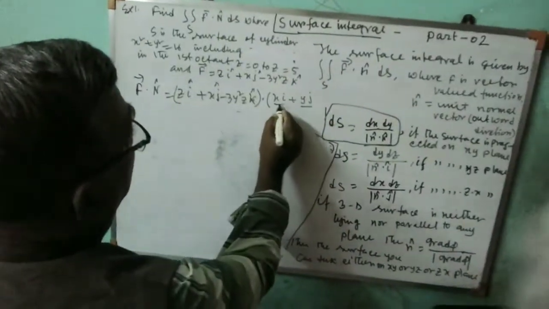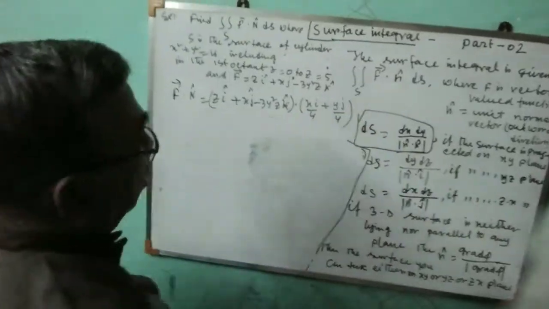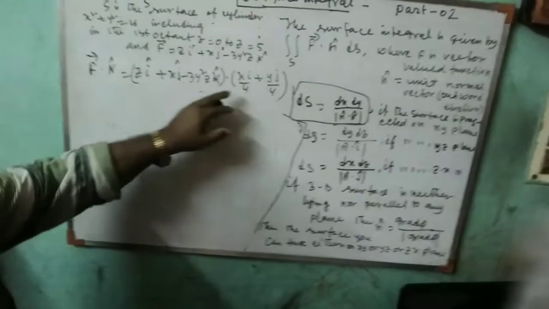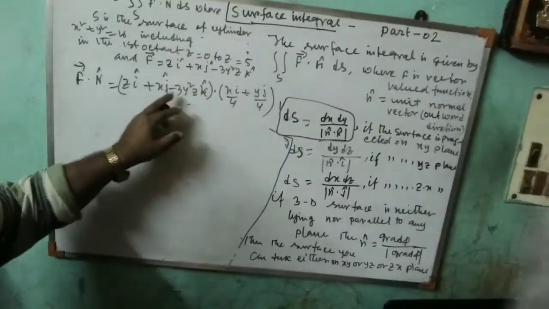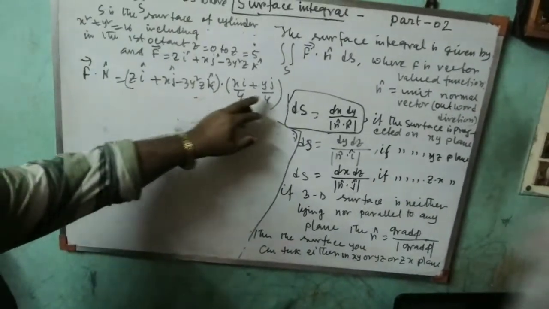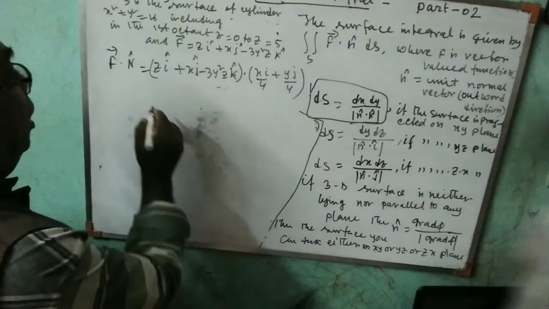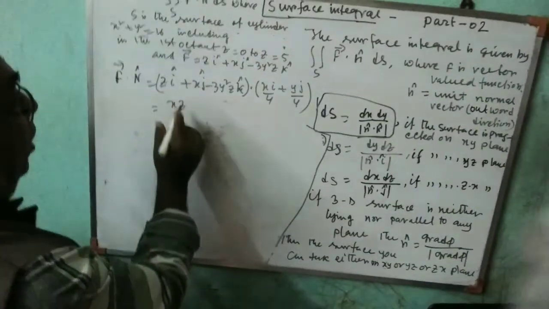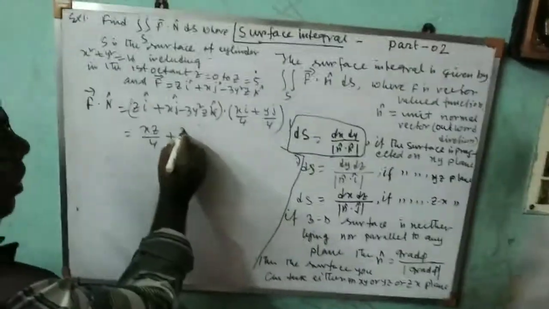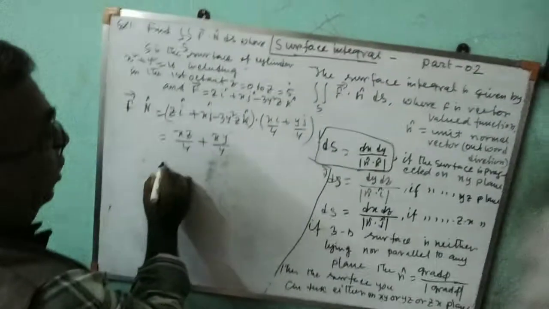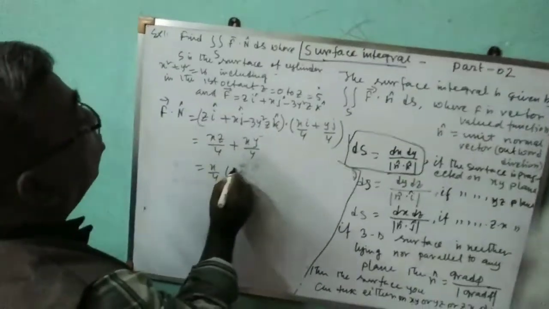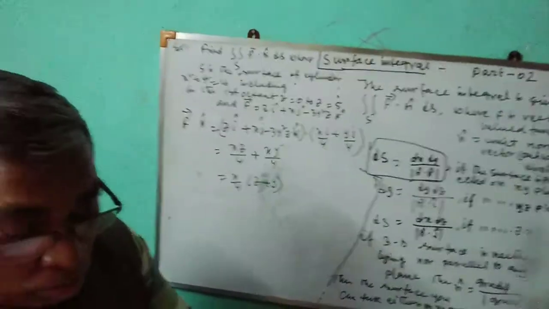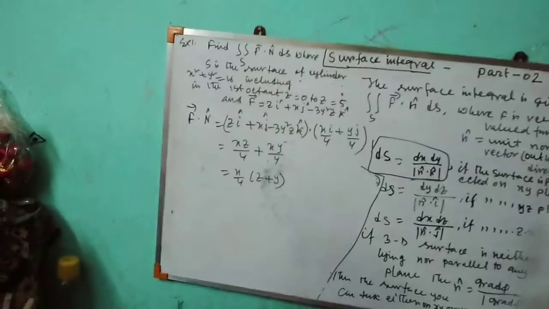So i dot i is 1, i dot j is 0, j dot j is 1, j dot i is 0, and k is not there, so that part should not be there. Only xz by 4 plus xy by 4. That is, taking x by 4 common, f dot n is equal to x by 4 times y plus z.